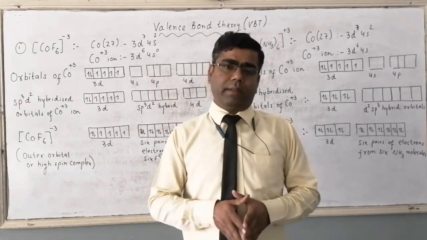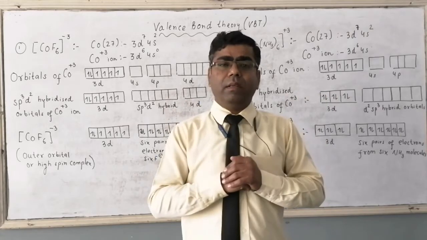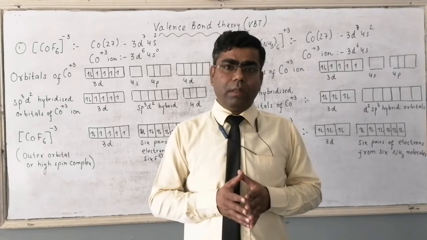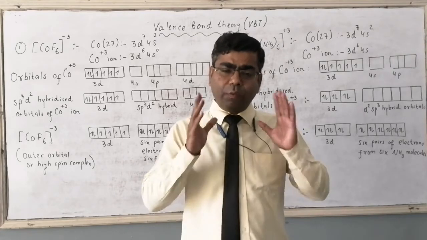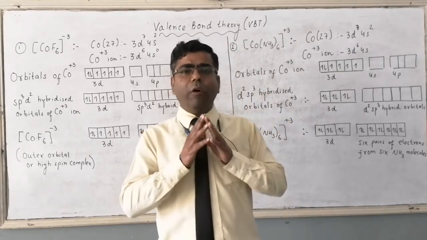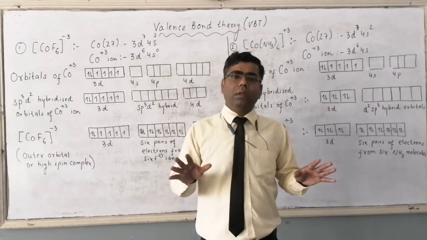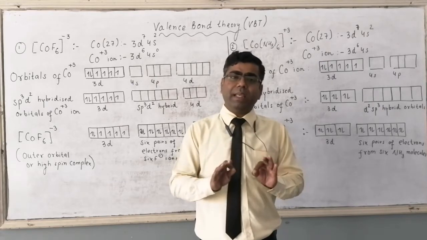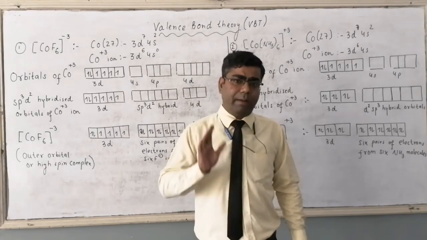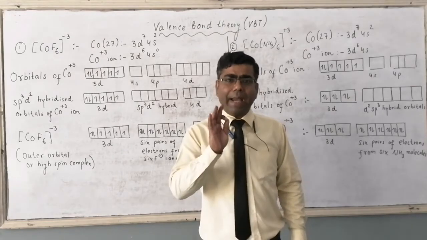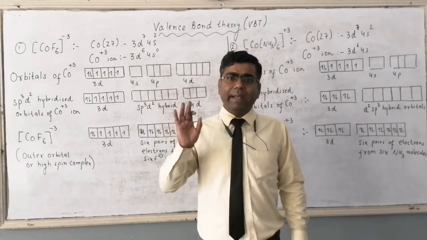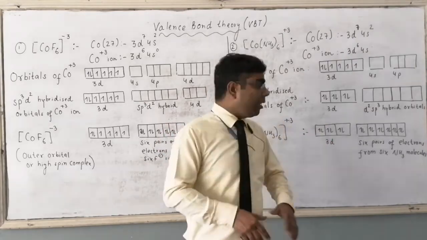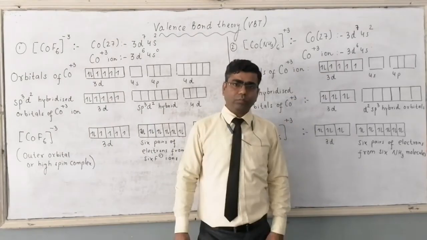The magnetic moment, which depends on the number of unpaired electrons, is 0. If we obtain a magnetic moment of 0, it shows that there is no unpaired electron present in the central metal ion. So according to the magnetic susceptibility experiment, its magnetic moment is 0. It means it will not have unpaired electrons, but here unpaired electrons are there.